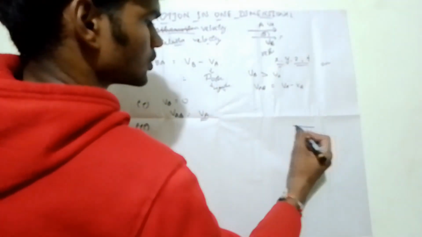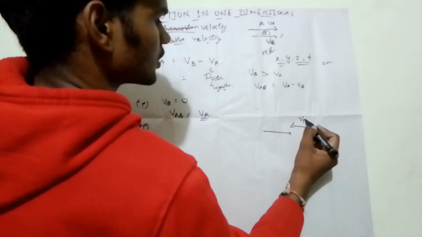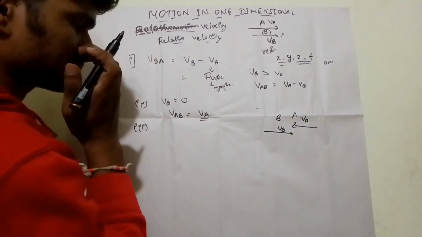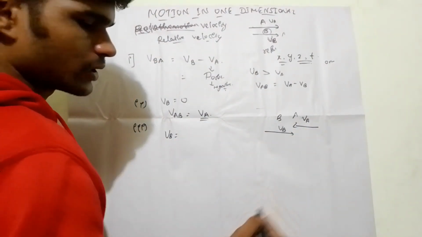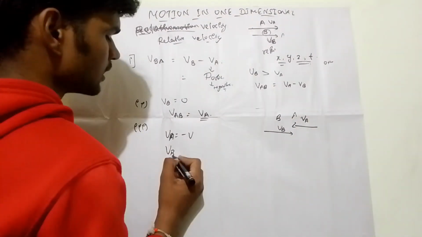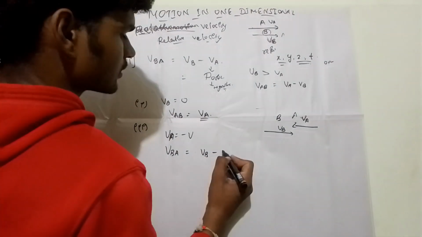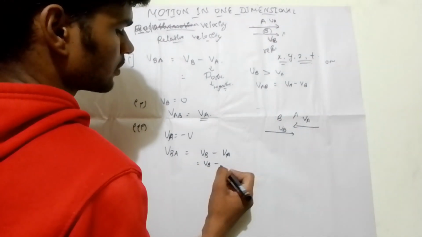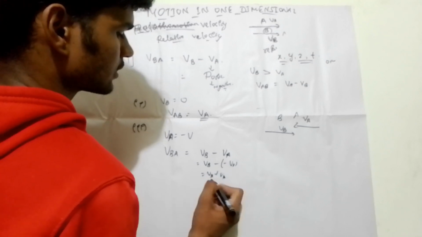Next, third one. What happens if two objects move opposite to each other? Then consider one of the velocities to be negative. We'll take VA as minus VA. VBA will be VB minus (minus VA), which is VB plus VA.